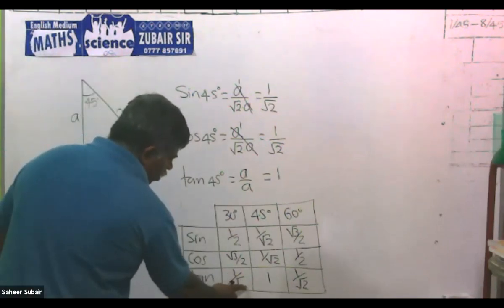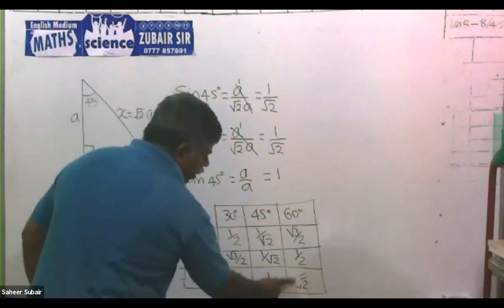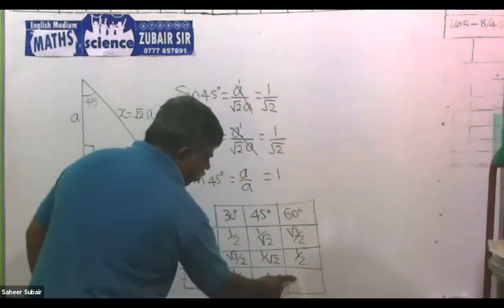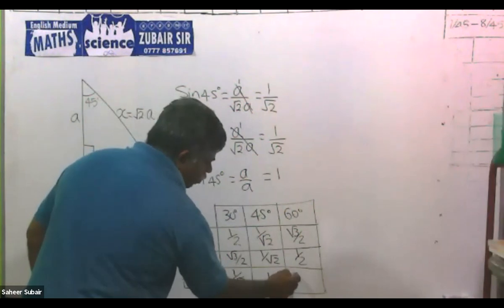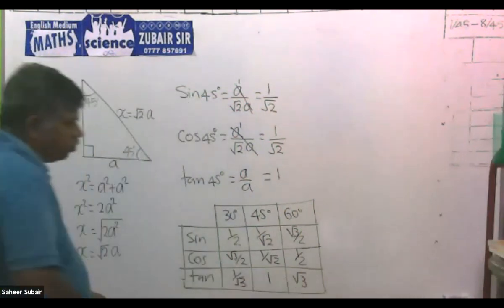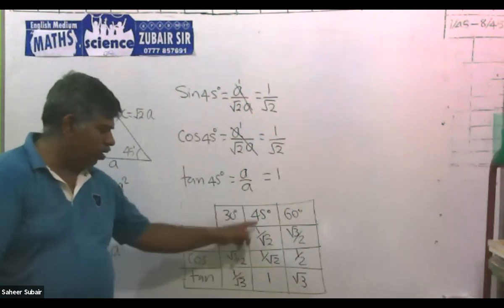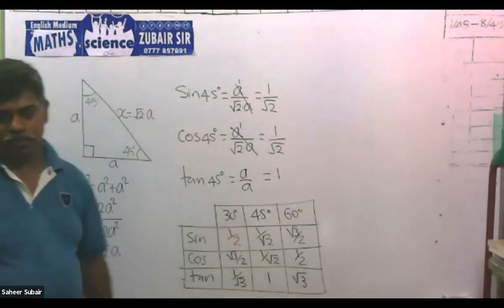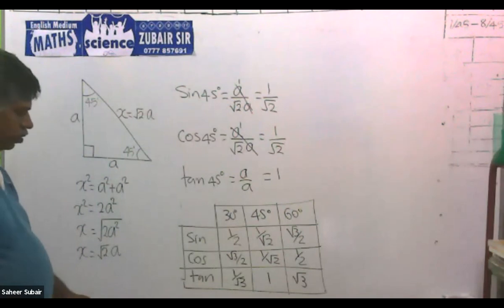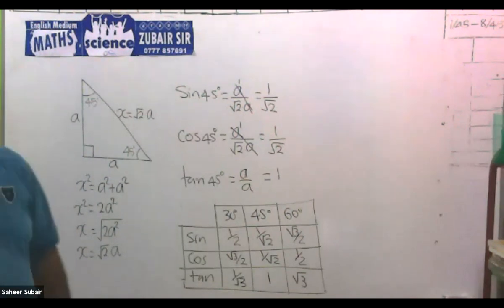No? 1 over root 3. Here root 3 for 60. So tan is 1 over root 3, 1, root 3. So this is the summary of the values that you have studied.